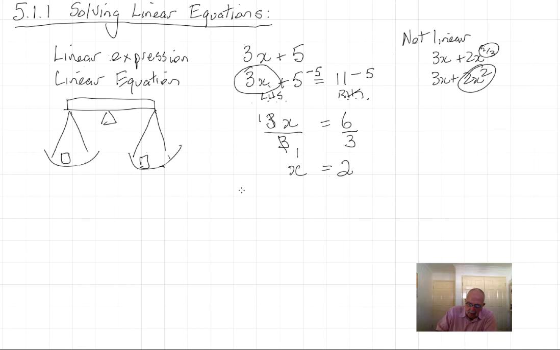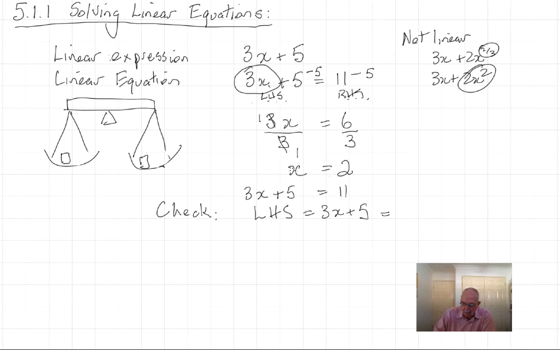So our original equation was 3x plus 5 equals 11. With all of these, you should be looking to check your answer. You should know if you've got the right answer or not. So we actually write down check, left-hand side, and we write down what the left-hand side was, which is 3x plus 5.